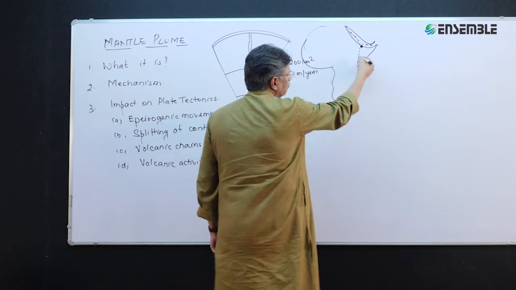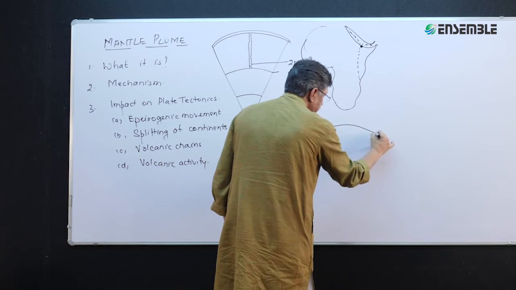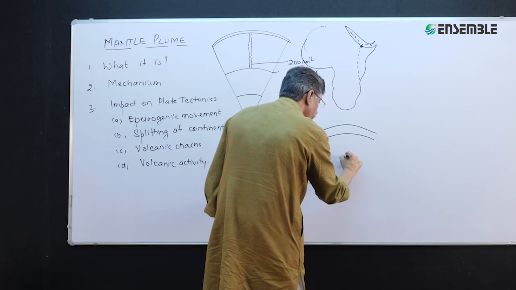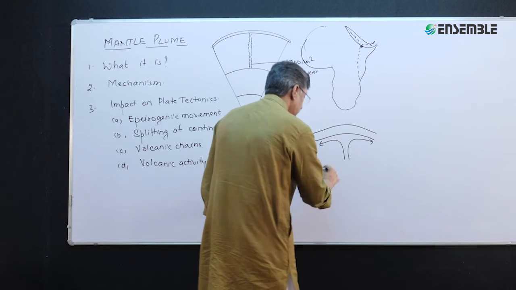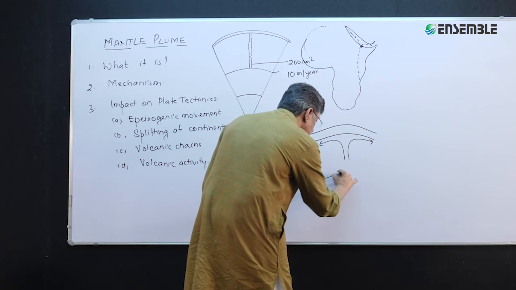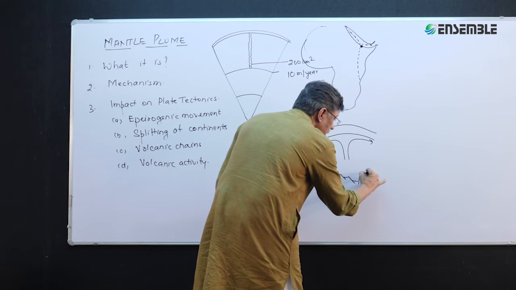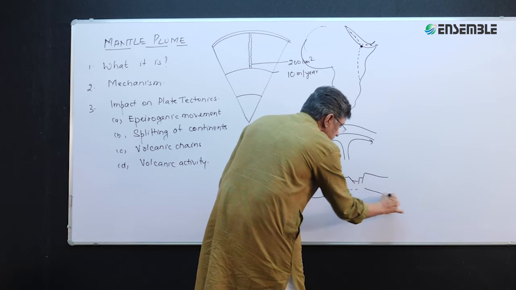If we take this diagram in a different manner, it has led to the formation of a dome. This is what we call updoming. And when such a dome has been created, that has led to the development of some cracks. This is the type of crack that has evolved.